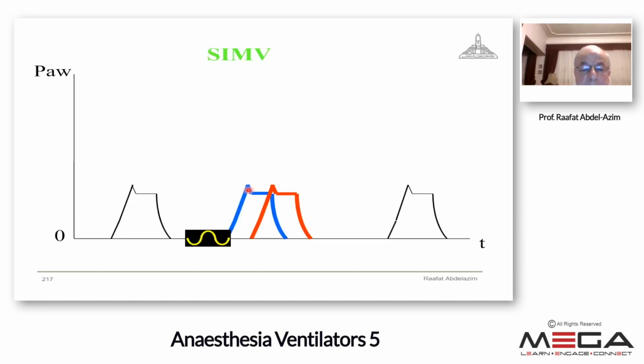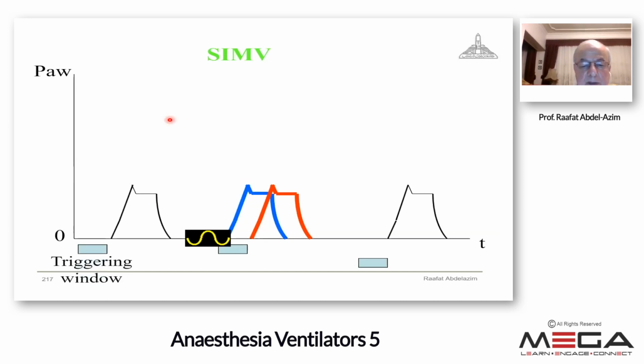Now the synchronization is done by the use of what is called a triggering window. If we select to ventilate the patient with SIMV, synchronized intermittent mandatory ventilation, the triggering window will be open according to the rate.